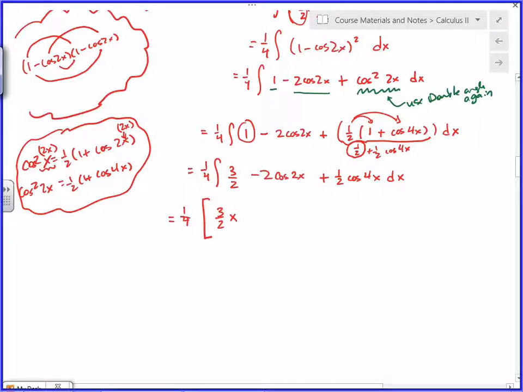Can you do negative cosine of 2x in your head? You know the integral of cosine is sine, right? Derivative of sine? No, the derivative of sine is positive cosine. So the integral of cosine is positive sine. The sine is going to stick around. It's going to be sine of 2x.